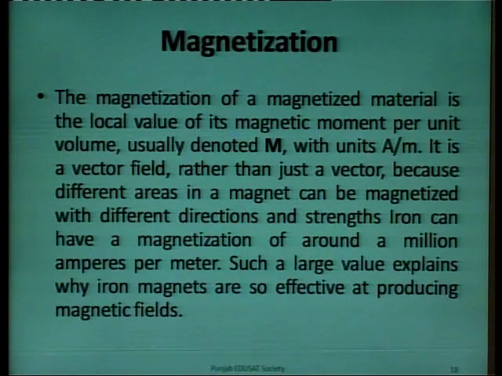It is a vector field rather than just a vector, because different areas in a magnet can be magnetized with different directions and strengths. Iron can have a magnetization of around a million amperes per meter, and such a large value explains why iron magnets are so effective at producing magnetic fields.